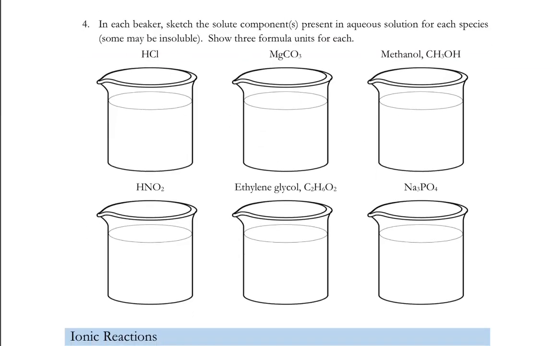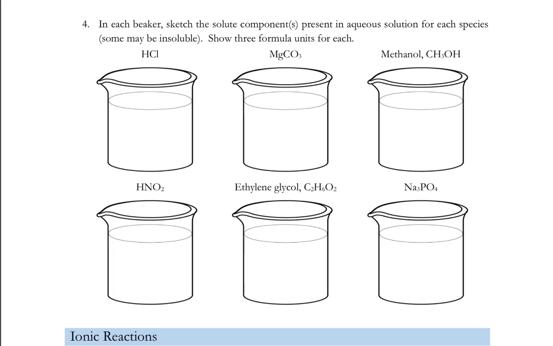In problem 4, we're also drawing the beaker representation. Now you have to think about whether the ionic compounds that are shown there are going to be soluble or not. And we have a few acids as well. The HCl, the HNO2, those are both acids. Think about whether they're strong acids or weak acids.